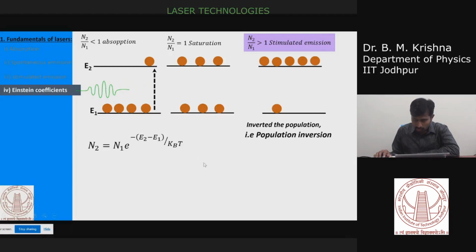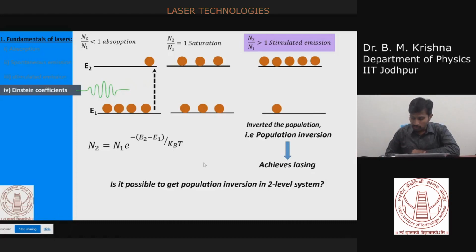Now the question is, is it possible to get population inversion in a two-level system? As I show here, if we are able to achieve this condition, that means the number of excited atoms is higher than the number of atoms in the ground state. If you are able to achieve this condition, definitely you can expect you will get lasing.